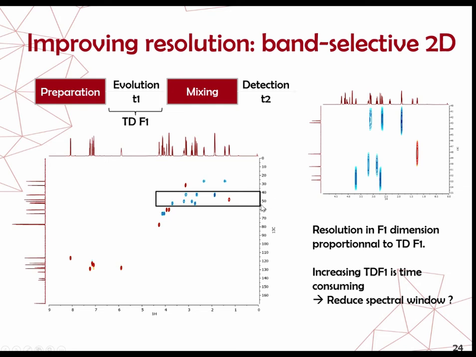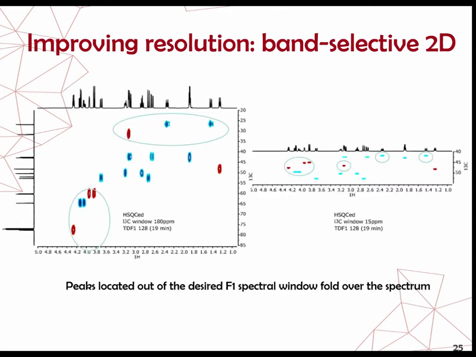So it could be interesting to reduce the spectral window in the F1 dimension. But if we just do this, just reduce the spectral window and nothing more, for example here, if I only detect signals between 40 and 55 ppm, you can see that I have much more resolution here.